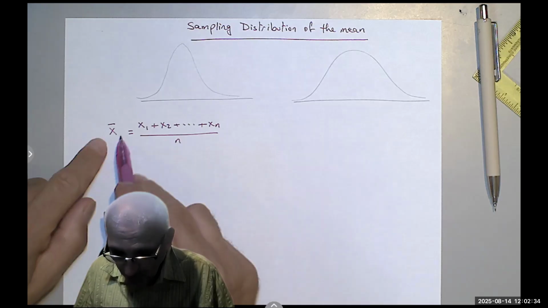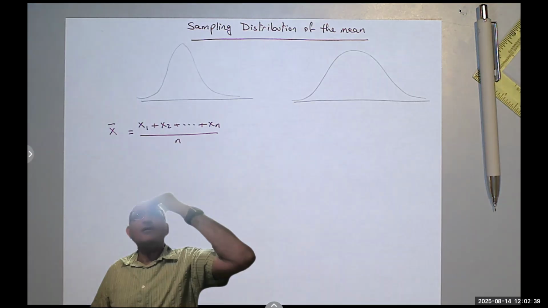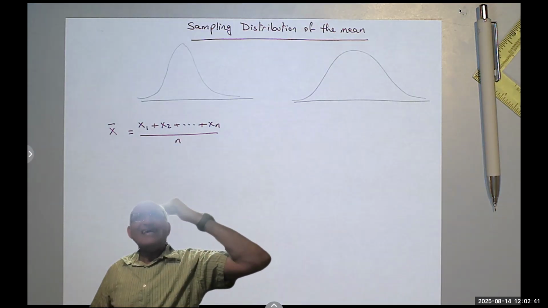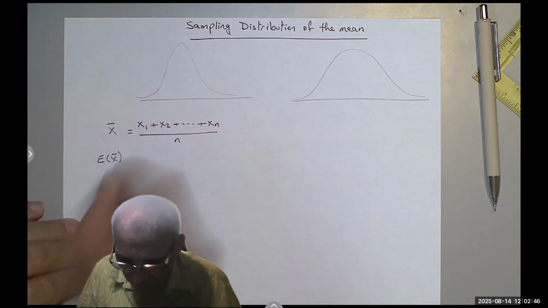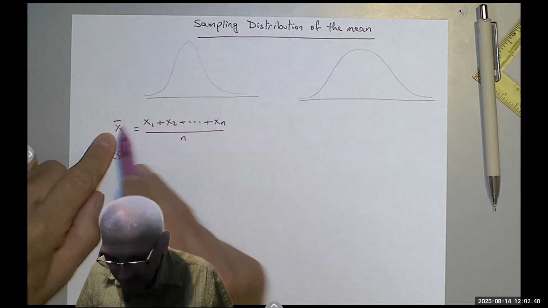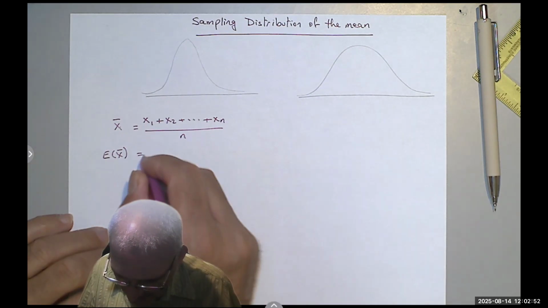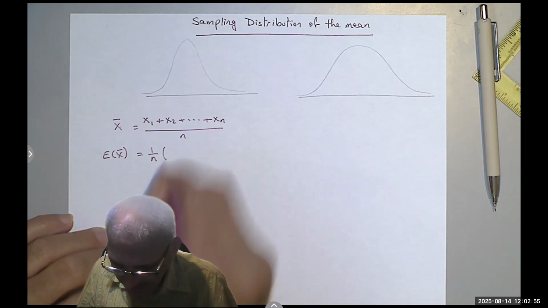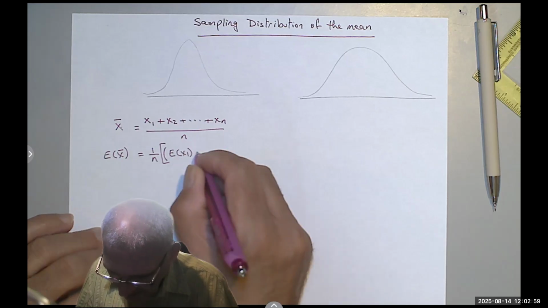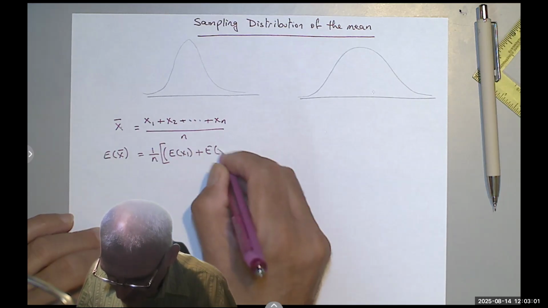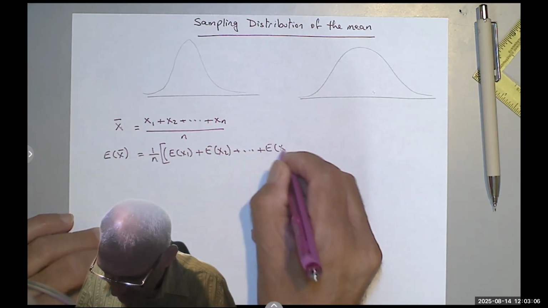So now if I ask you what is the mean of x bar, we call that the expected value of x bar. Since x bar is a function of x, I can write it as 1 over n times the expected value of x1 plus the expected value of x2 plus the expected value of x sub n.